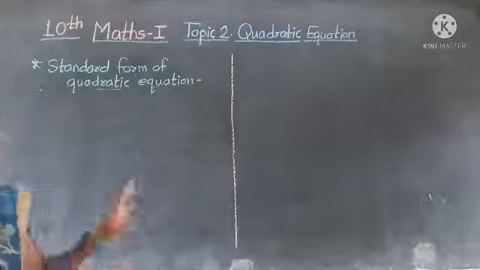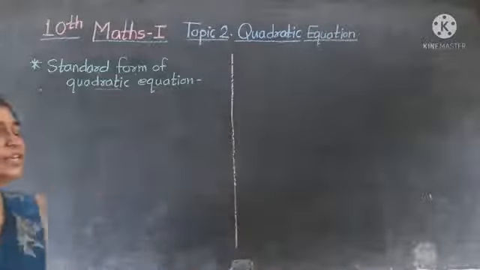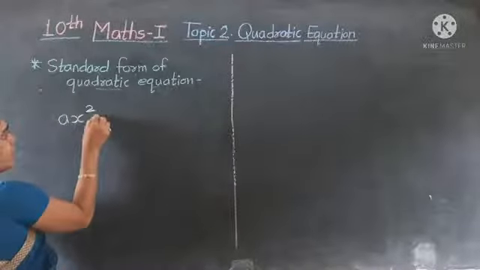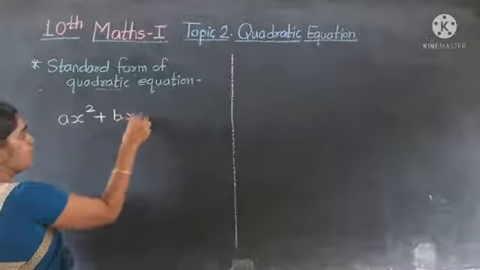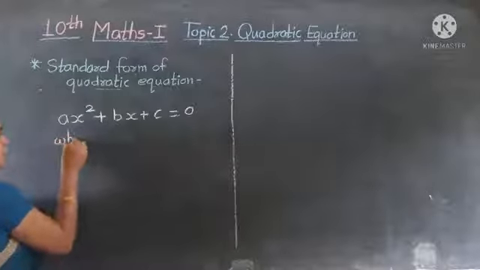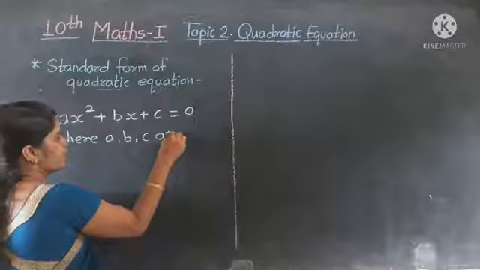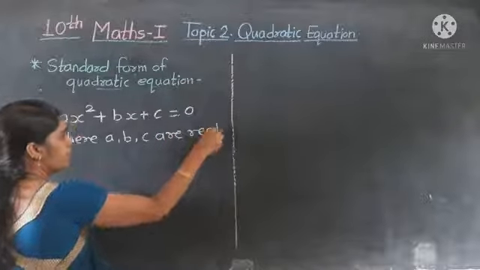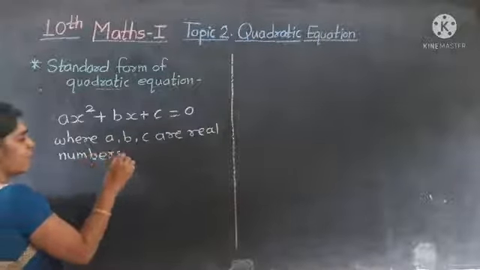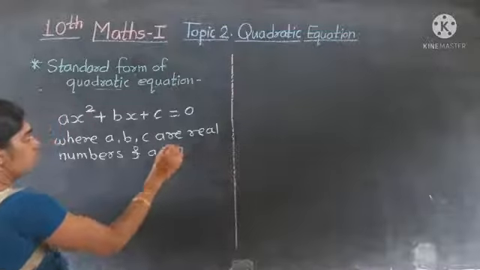Now we see the standard form of a quadratic equation. We write the equation in the form ax square plus bx plus c is equal to 0, where a, b, c are real numbers and a not equal to 0.